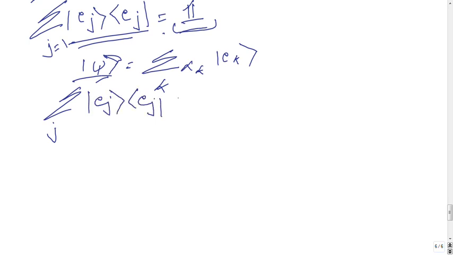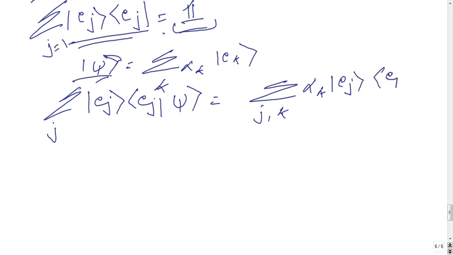E_j applied to psi is given by the sum over j, k of alpha_k E_j times the inner product between E_j and E_k.